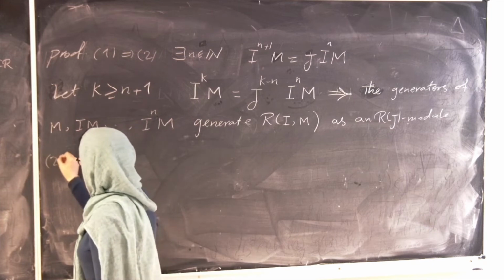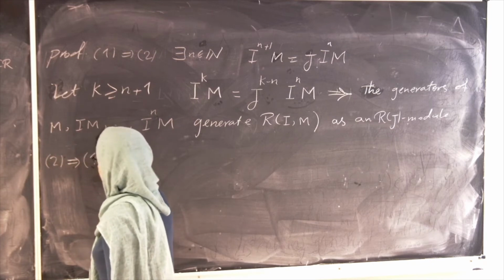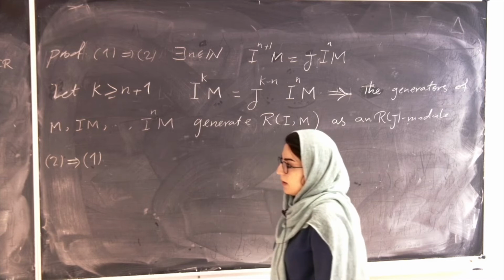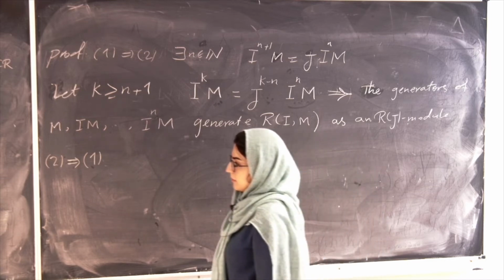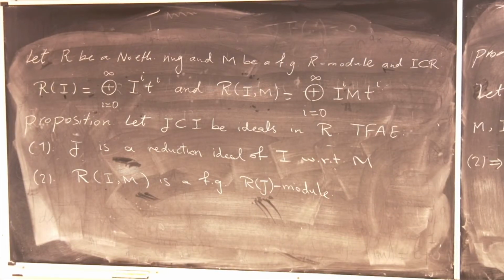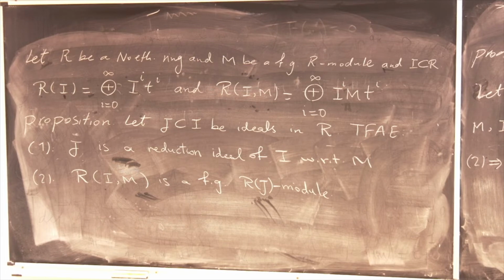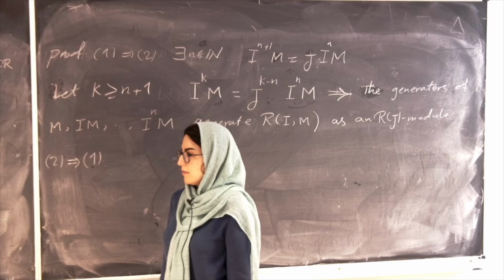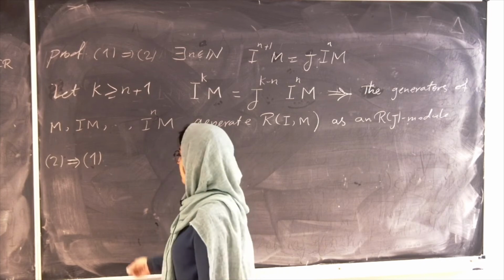So now let's go from 2 to 1. So the assumption is that this module is finitely generated. And because it is a graded module, this means that it can be generated by finitely many homogeneous elements.